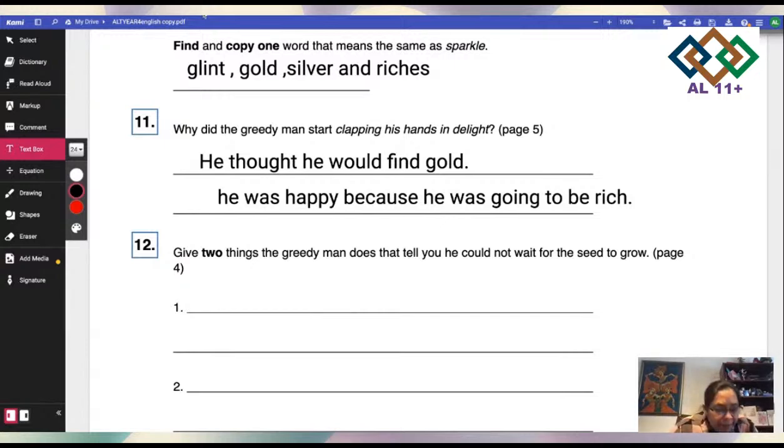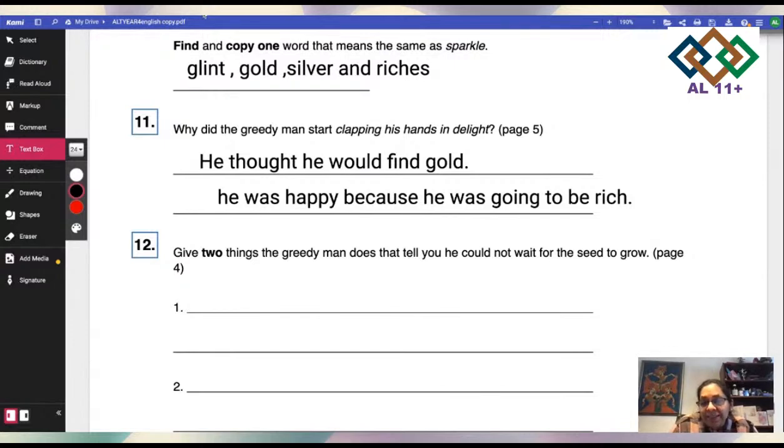So now, number 12 is they're asking you, give two things the greedy man does that tell you he would not wait for the seed to grow. So why was he so anxious? He could not wait for the seeds to grow.